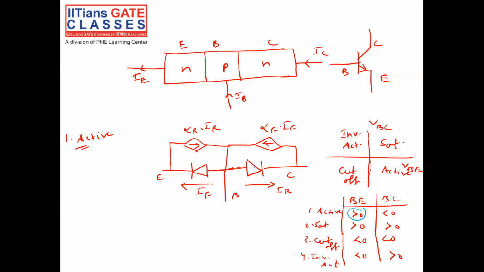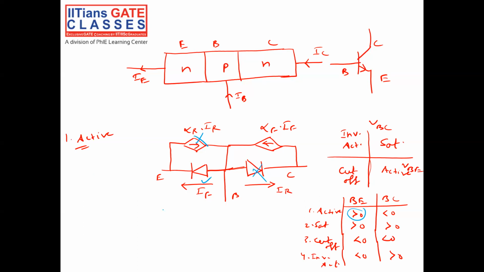Since IR is almost 0, alpha R into IR is also almost 0. So in the active region, alpha F will be there, and some part of my IF will be going as alpha F into IF, nothing but my collector current.